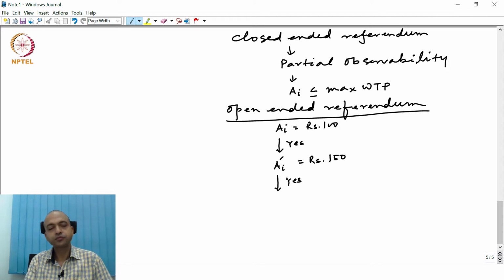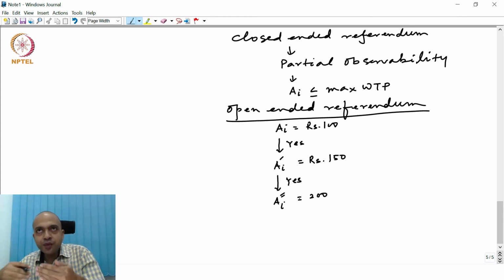So if the individual says yes for this AI equal to 150 rupees, I will ask the individual, are you ready to pay AI double prime, which is, let's say, 200?